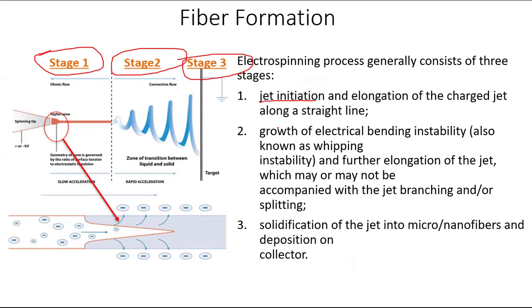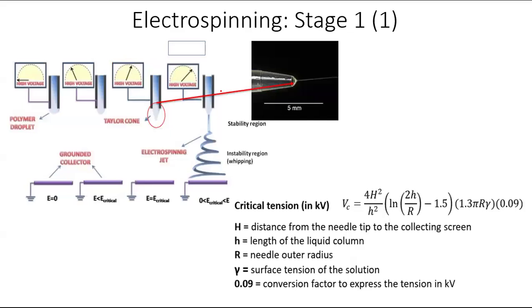Stage 2 is the growth of electrical bending, like a whipping action, where it goes through bending instability and whipping. Therefore the further elongation of this jet happens like a drawing, and you can have certain jet branching also, depending on the spinning conditions. Stage 3 is the solidification of the spun electrojet into a micro or nanofiber. Okay, so these three stages are very important when you describe nanofiber formation.